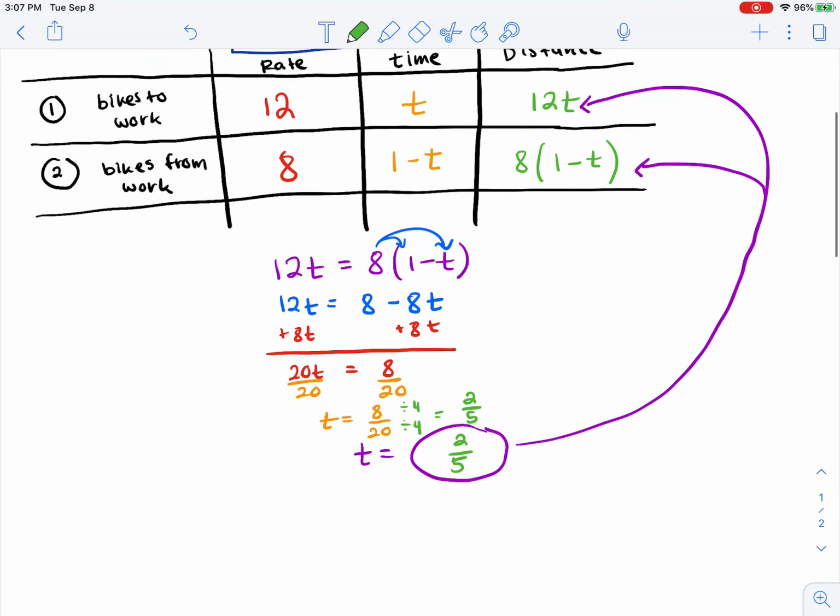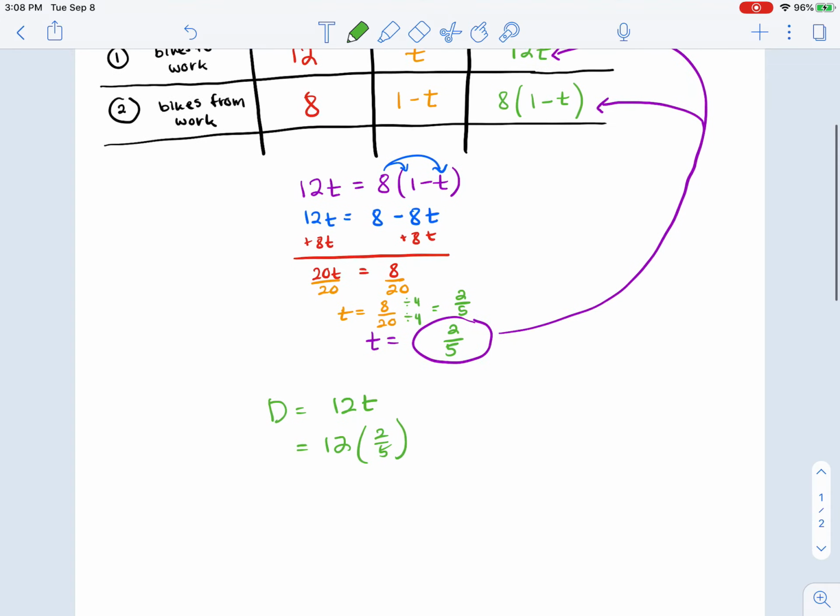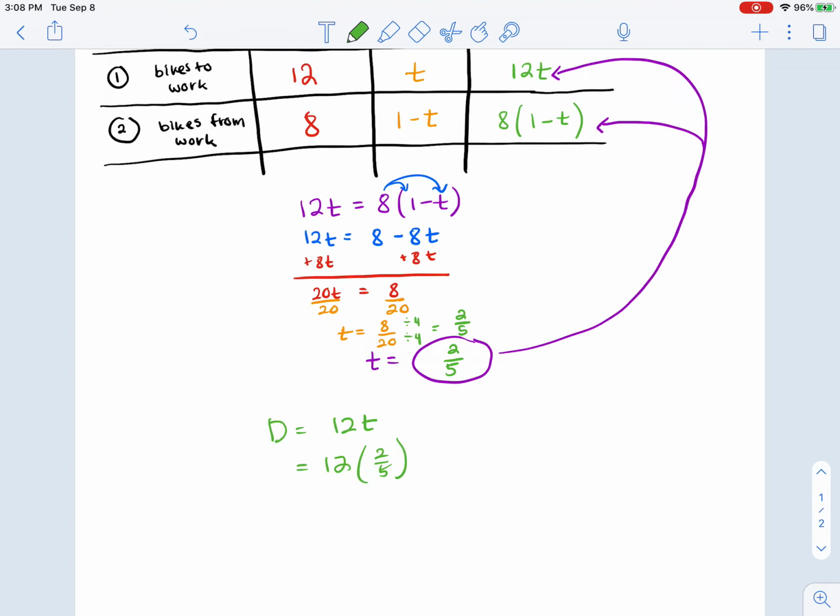My distance is 12t, and I'm going to substitute 2 over 5 into t. You'll notice I have a whole number and a fraction. This whole number, something you can't see, is the same thing as 12 divided by 1. You multiply straight across, so it's 24 over 5.